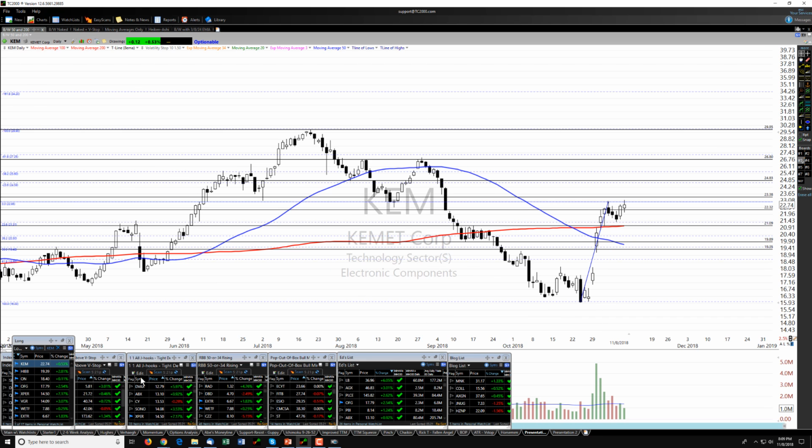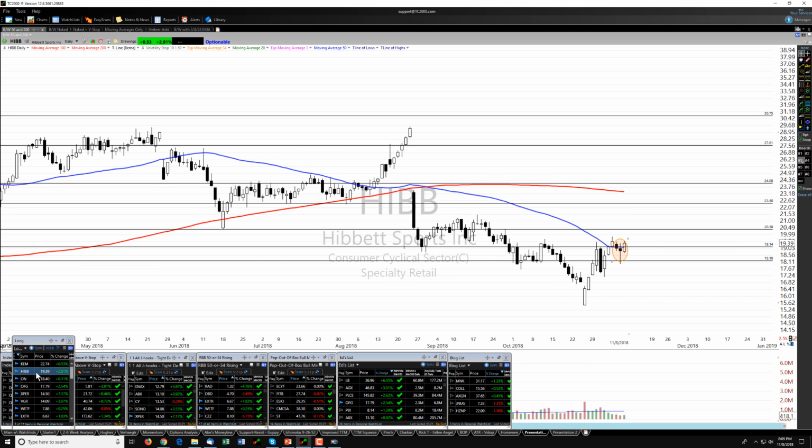Okay, let's look at some that have a signal here. So let's look at HIB. If I was to plan this out here, I would drop in my breakout probably right about where, probably would look something like that.